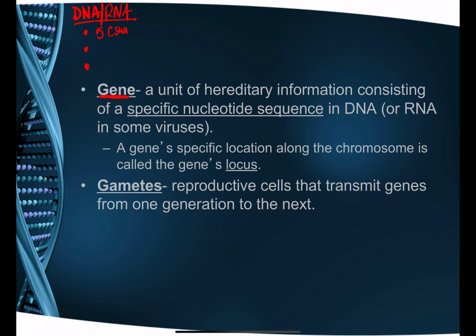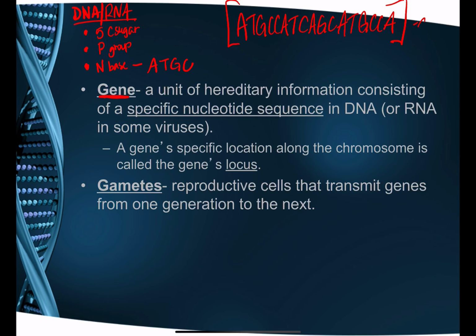It's a 5-carbon sugar, a phosphate group, and a nitrogen base. Those nitrogen bases, as we have talked about briefly in Unit 1, are A, T, G, and C. When we have those nitrogen bases strung together in a specific order, then that makes up a gene.